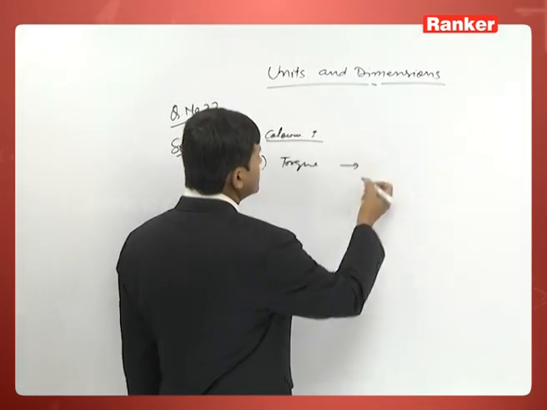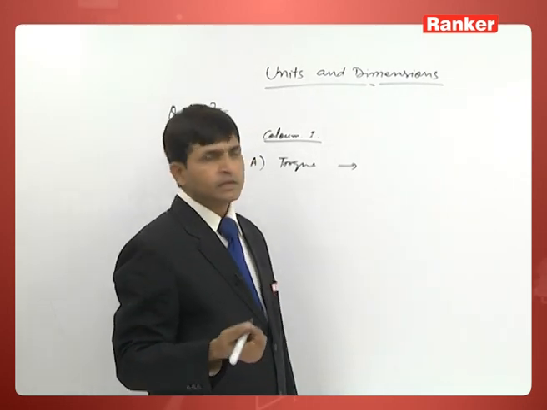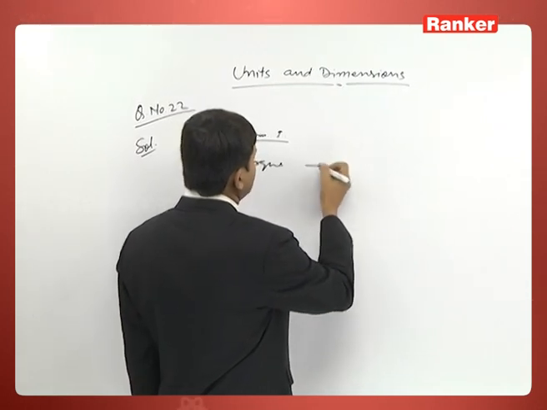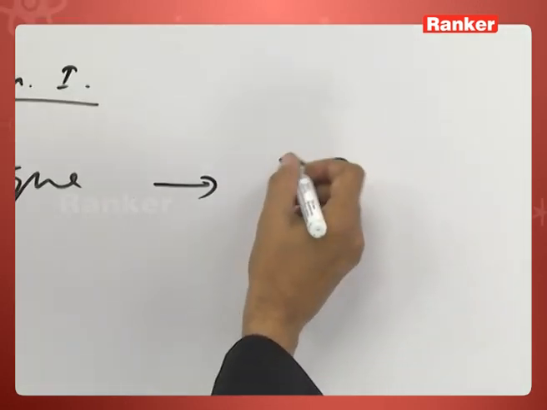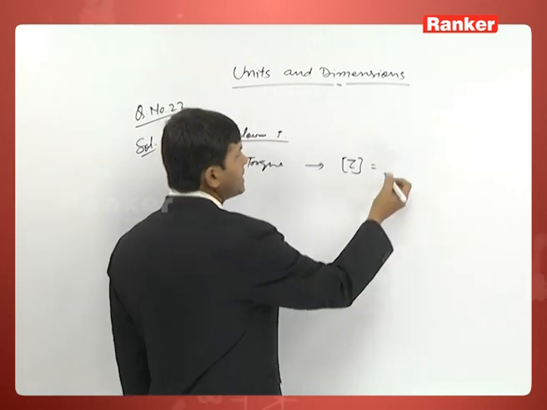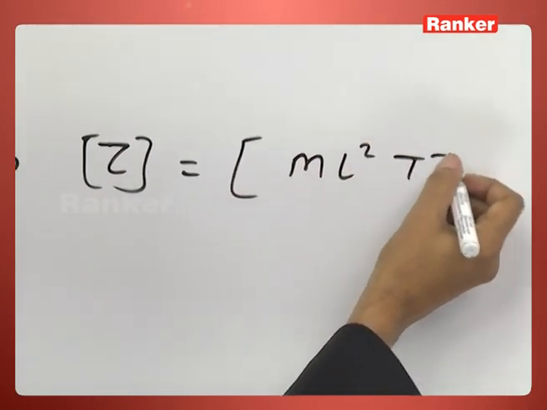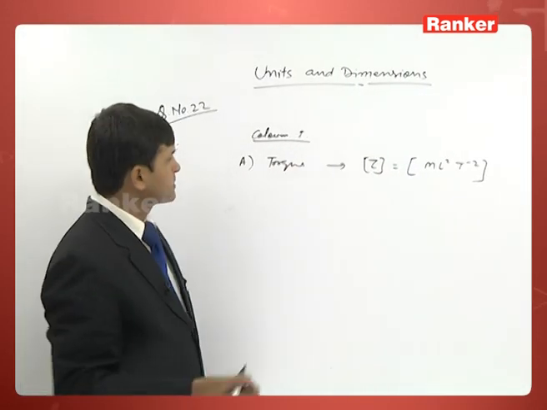Torque, as we know, in terms of magnitude, is force into displacement or position vector. So the dimension of torque is R into F. R is L, F is M L T minus 2, so M L square T minus 2. This is the dimension of torque.